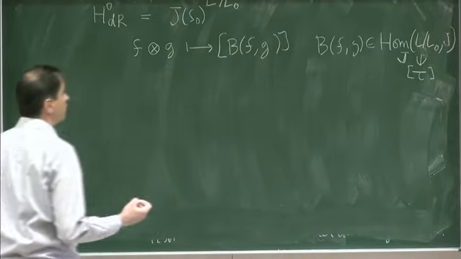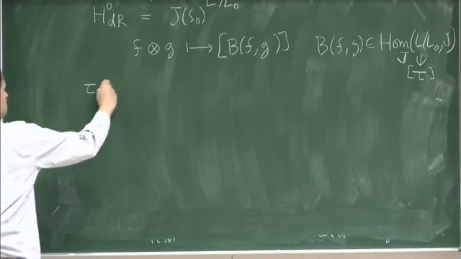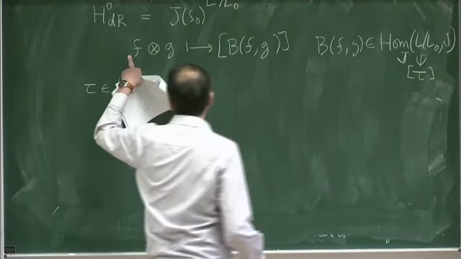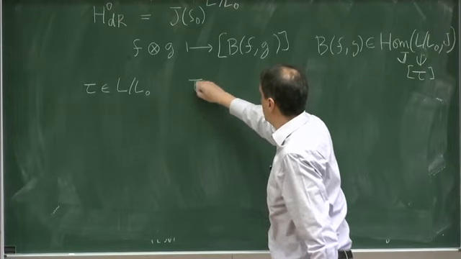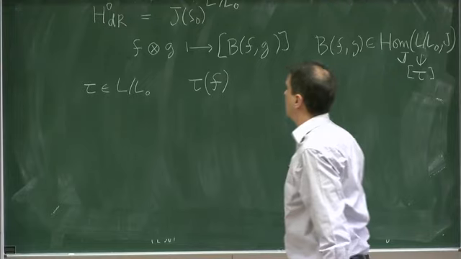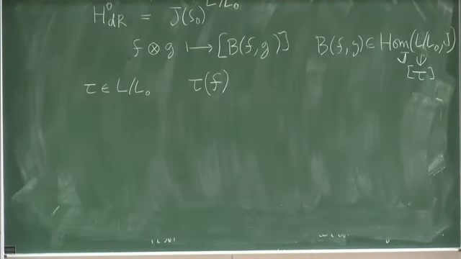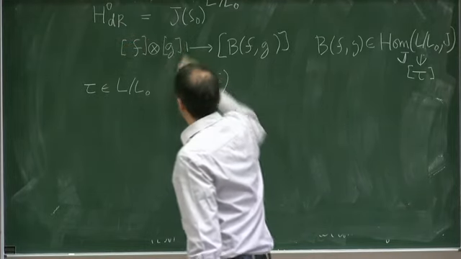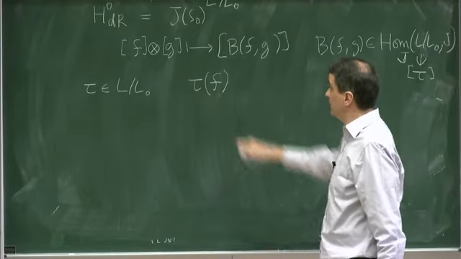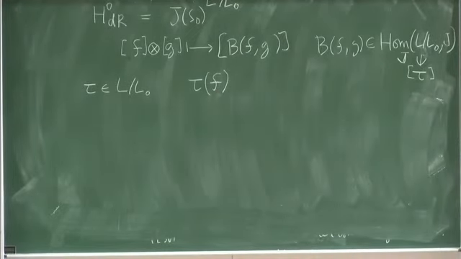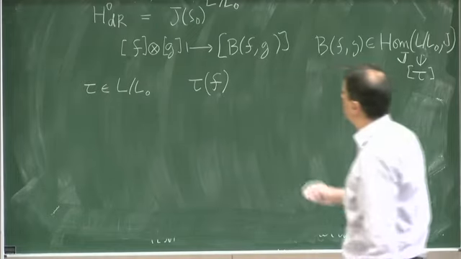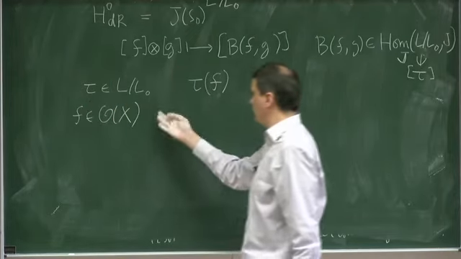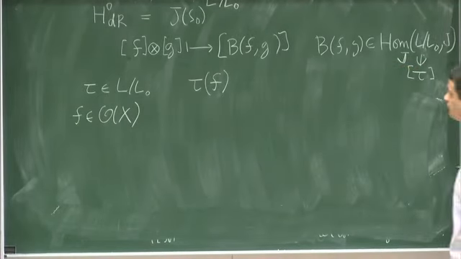So how is the construction? You start from tau. This is in L mod L0. Let's act on f with tau. Tau is the vector field, and I can act on f. So let's take a class here, right? This is a quotient, so you should take the equivalence class, but let's choose a representative. This representative is a function, but it is defined modulo the partial derivatives.